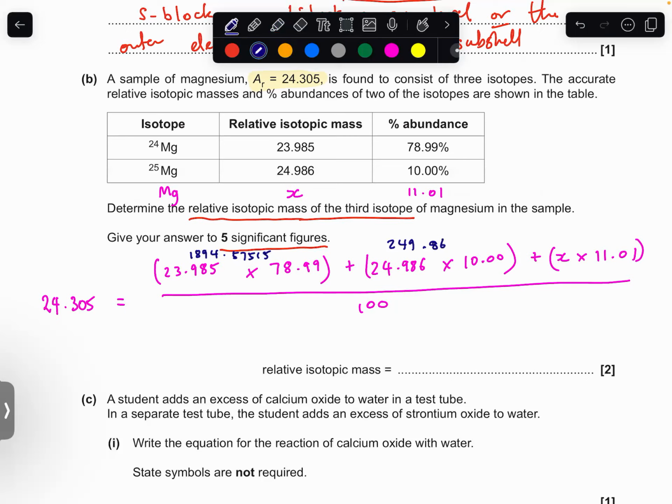So by rearranging, we multiply both sides by 100. So this left-hand side now becomes 2430.5. Let's subtract 1894.575515 and subtract 249.86. Let's divide by 11.01 to the other side. This will give you X. Whatever you do to one side, you do to the other in these calculations.